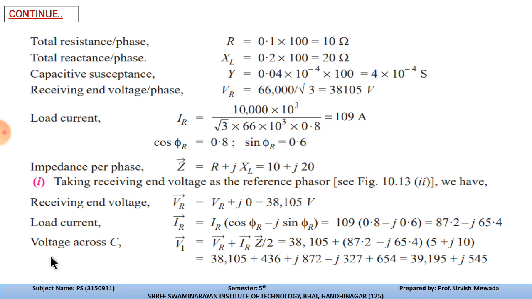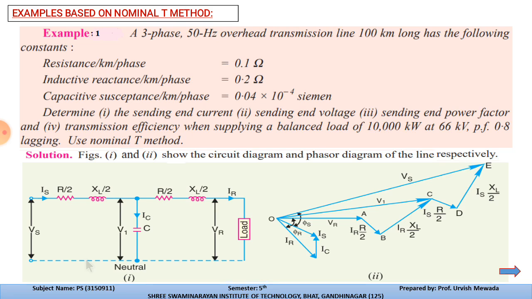Now the voltage across C. From the phasor diagram you can see that the voltage across C is V1, so V1 is VR plus IR into R by 2 and IR XL by 2. Instead, we can write Z, which is the impedance of this triangle.